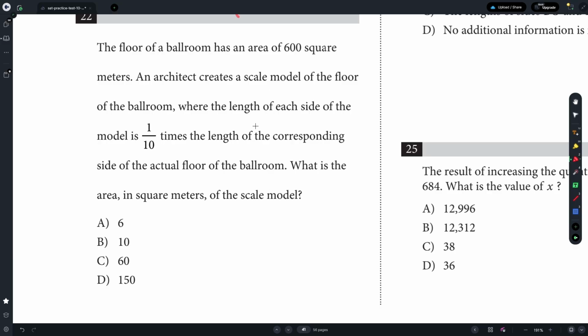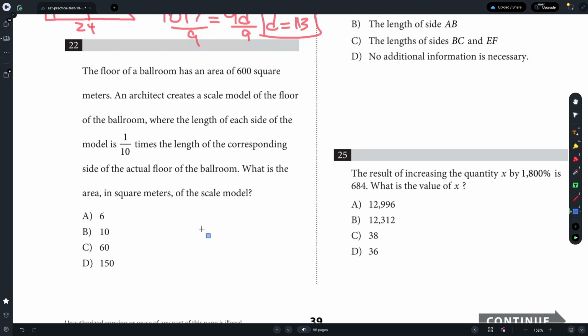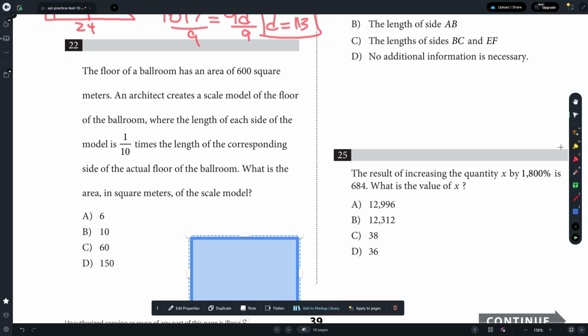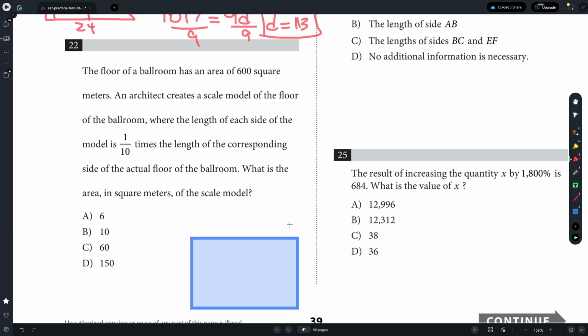So, let's see. The area of the ballroom, right? So we can create another diagram for this. Let's zoom out here for a second. It's 600 square meters, right?